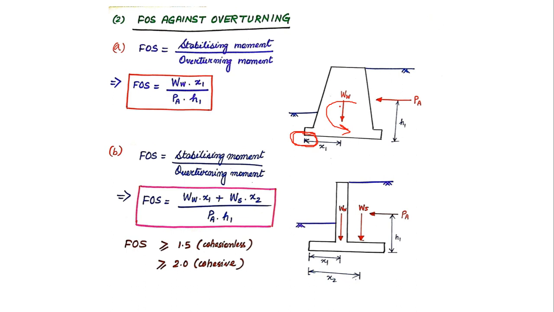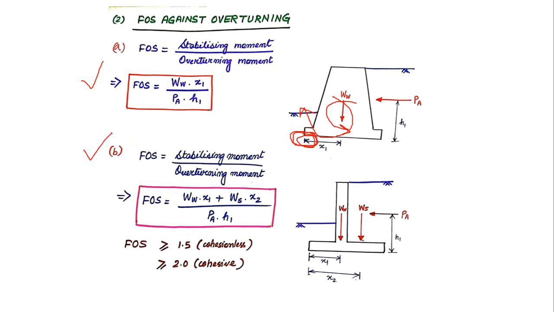Now the weight of the wall will exert a moment about the same point in the clockwise direction. So it is acting in the opposite direction, and as a result it is neutralizing the overturning moment. This is how I calculate the factor of safety for a gravity wall. Ultimately, the factor of safety is WW, that is the weight of the wall, into x1 divided by PA into H1.